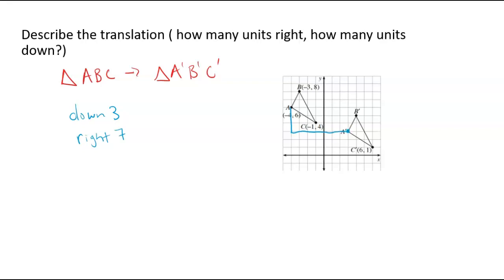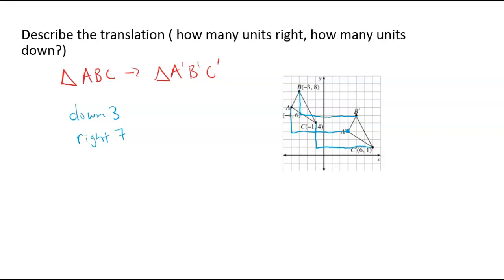I get to my new point. Again, down 3 and go 7, and then one more, down 3 and right 7. So we've correctly identified our translation.